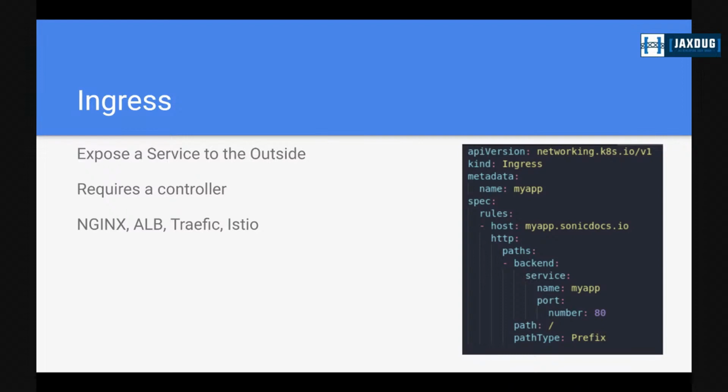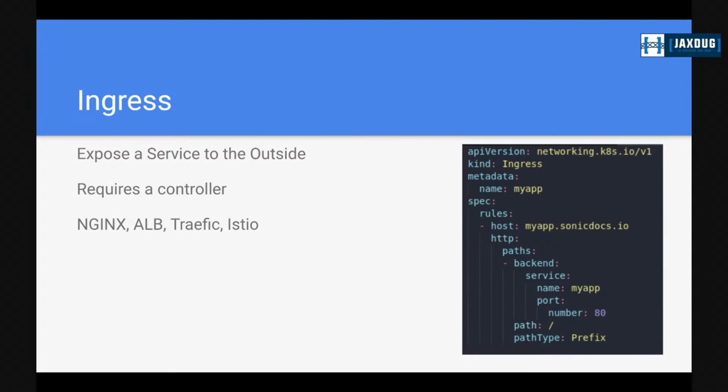But essentially what this ingress is doing is it's going to create an ingress named my app again, and then it's going to say expose this as host myapp.sonicdocs.io. And when traffic comes in on that, I want you to route it to this service my app on port 80, and anything that comes to root or below that goes to that application.